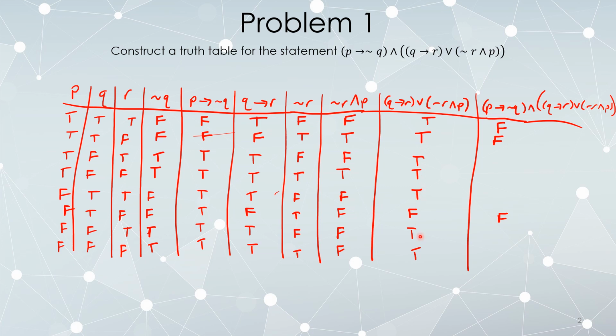Otherwise, this statement is true, so I just need to go back and check what about P implies not Q. If this is false, then overall this conjunction is false, but notice everywhere else this was true. So both sides true, true, true, true, true. So there we have it. We have the truth table for the given statement.